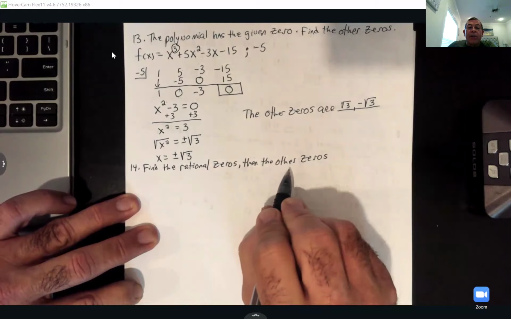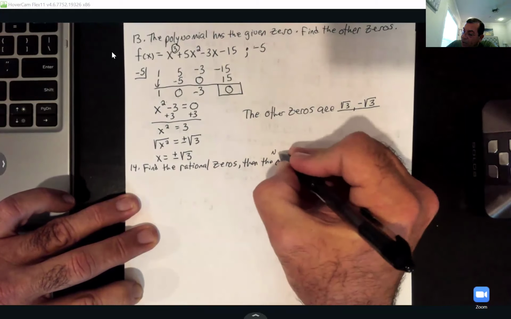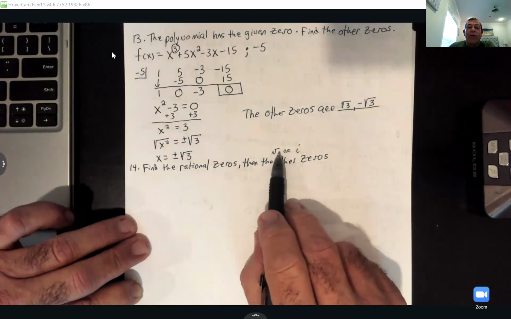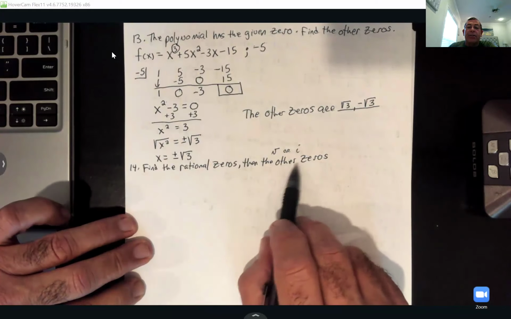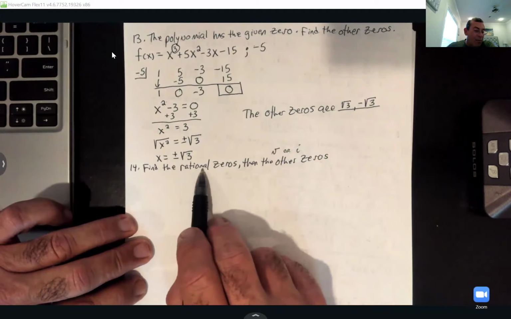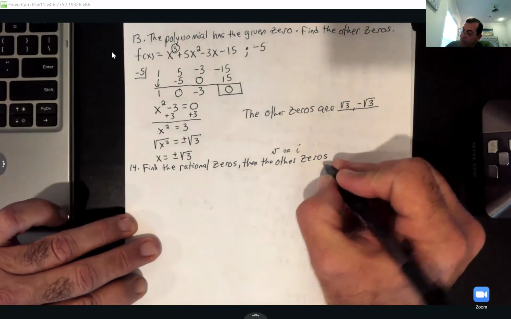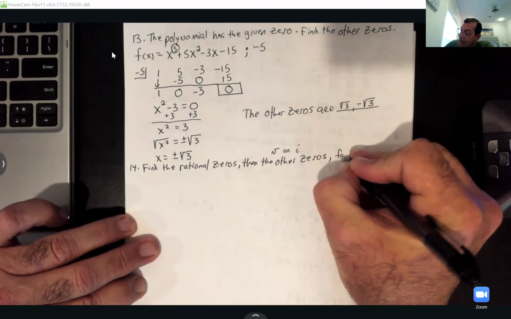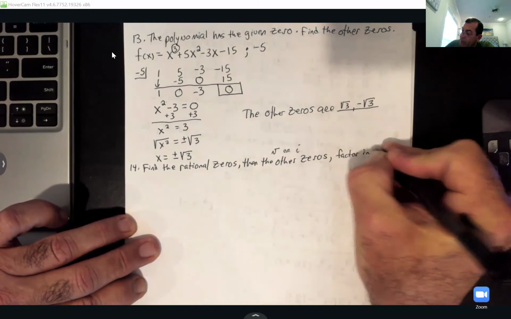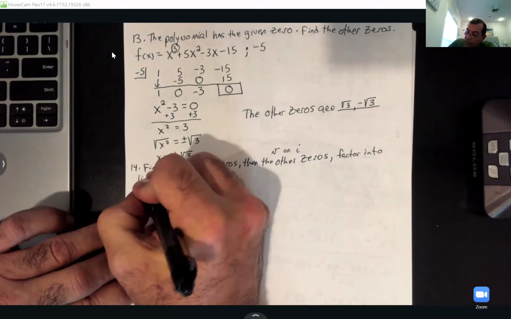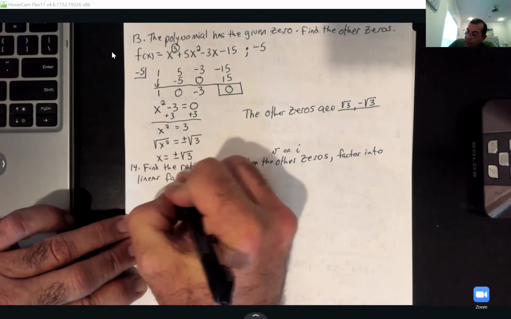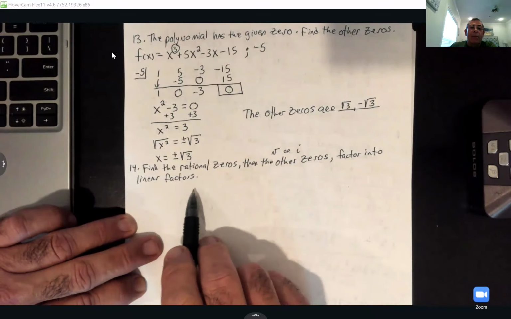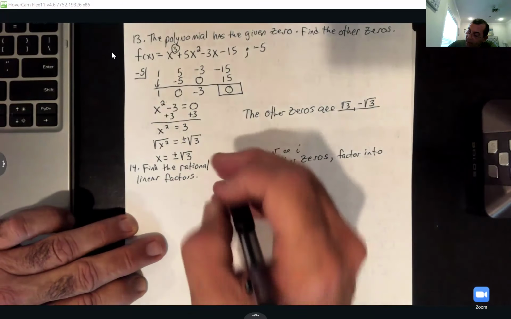So y'all, the other zeros, that's going to be the radical stuff or the i stuff. If it's a radical or an i, that's the other zeros. Everything else will be rational. So find the other zeros, then factor into linear factors. And that's where we put them in parentheses, okay?